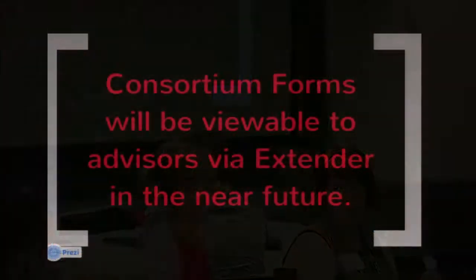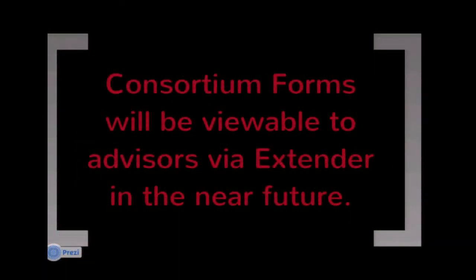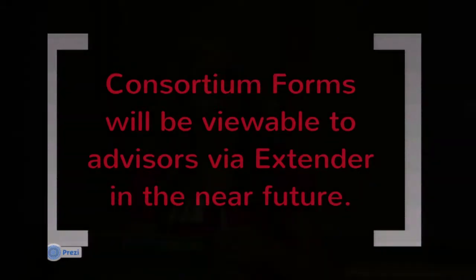And then a new change that should be coming here shortly, so keep an eye on your email, but consortium forms that have been approved by you in previous semesters will be viewable to advisors via Extender. In the near future, Sarah Dew, the Director of Financial Aid up in Main campus, has decided that that would be nice for advisors to know what they've approved in previous semesters.